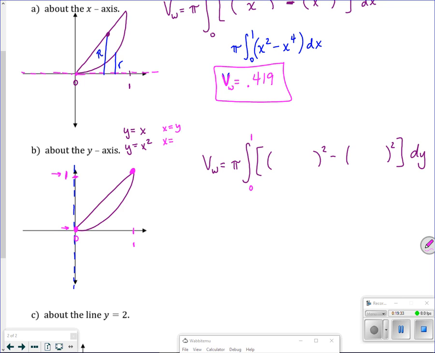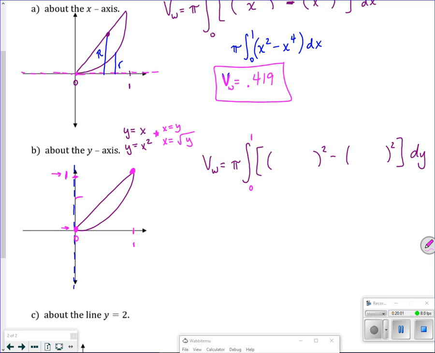This one would be what? x is equal to, if I solve for x, you'd say, well, it'd be the plus or minus square root of y. Well, how do I know it's the positive one? Because it's the right side of x squared, which coincides with the positive square root. So you have to have your equations solved for x. So when you do big R and little r, well, let's get them in there.